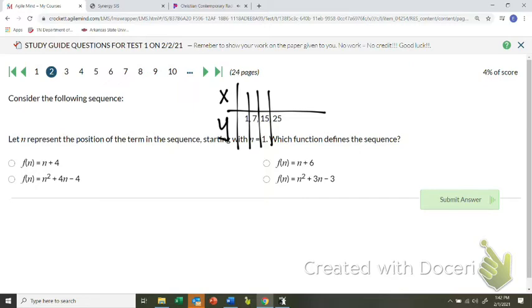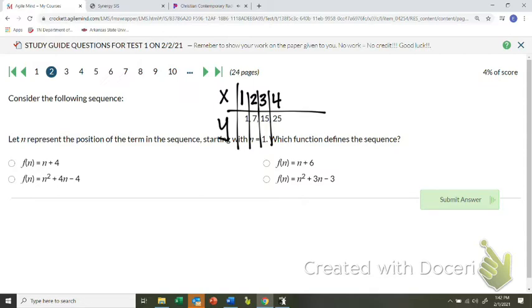So when I put in a 1, I better get out a what? The first one. A 1, yeah. When I put in a 2, I get out 7. When I put in 3, I get out 15. And when I put in 4, I get out 25. Okay? So now we have to determine the function rule.